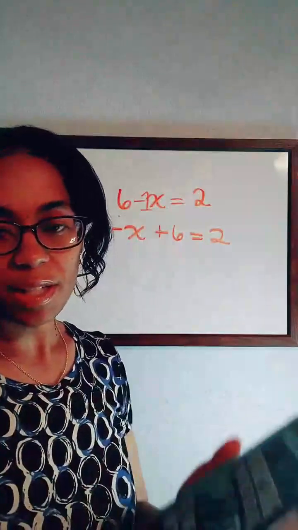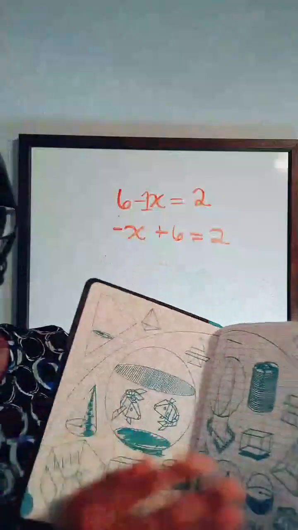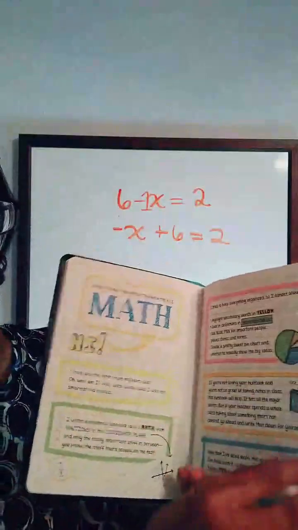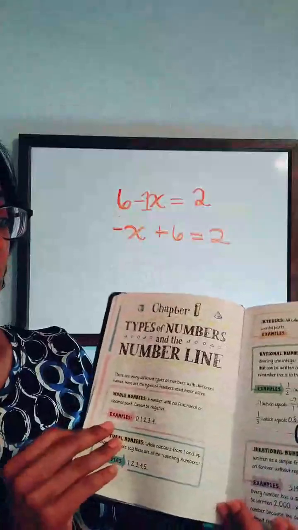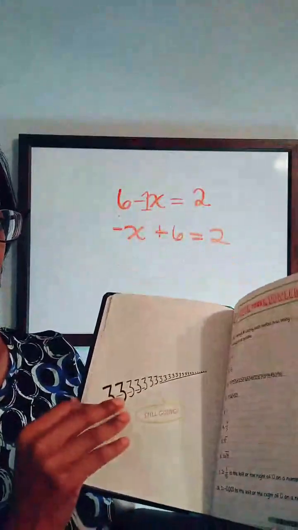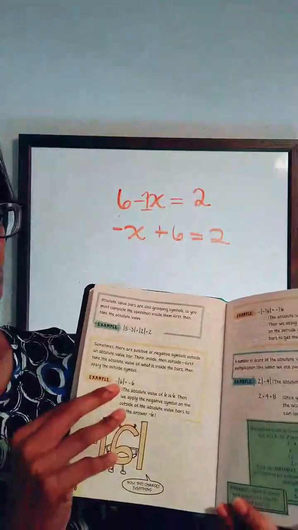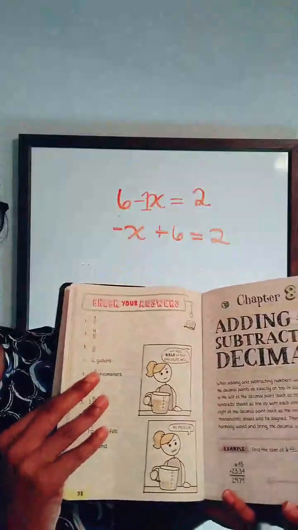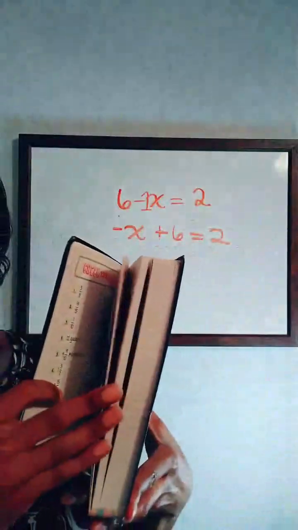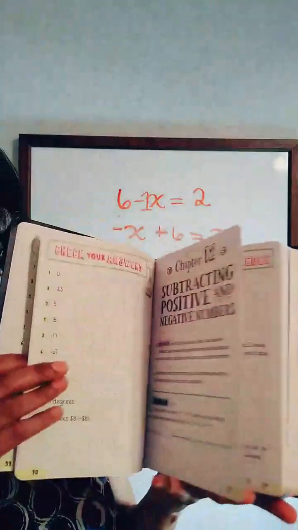So let me show you the difference between the blue book and the pink book. The blue book is going to start you out with literally like basic math. It's going to tell you how to add and subtract fractions. It's going to tell you about negatives. It's going to tell you about absolute value, adding and subtracting decimals. It's going to tell you about all that type of stuff, subtracting negative numbers.